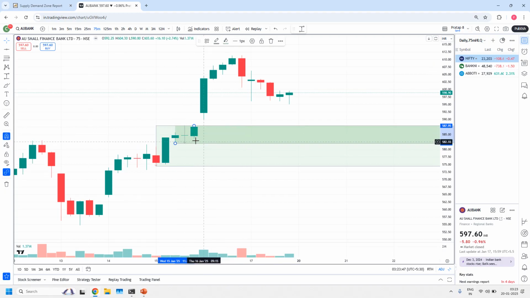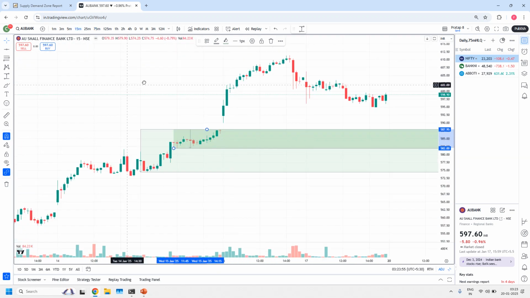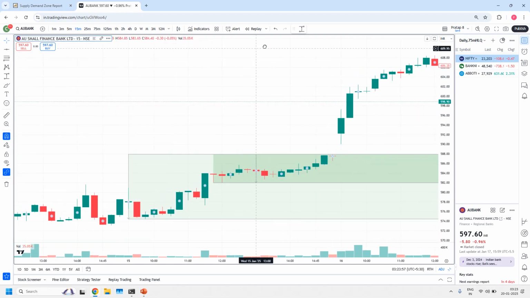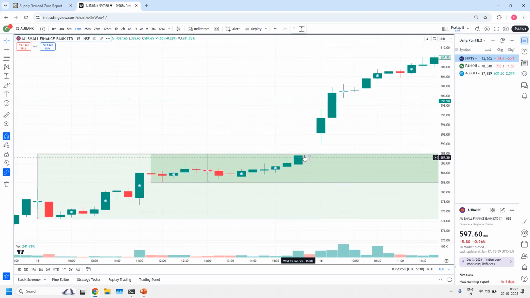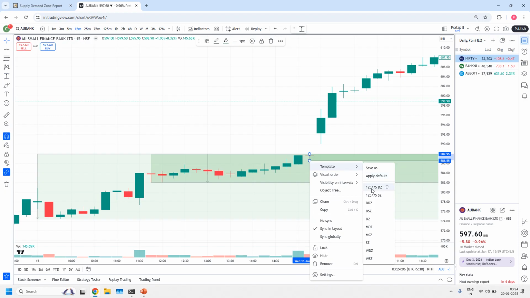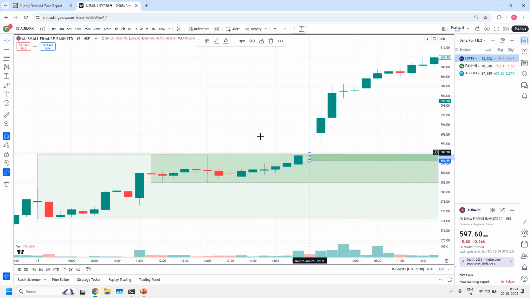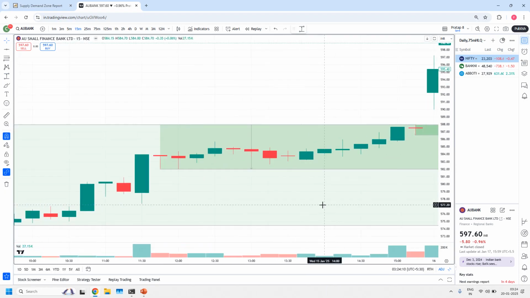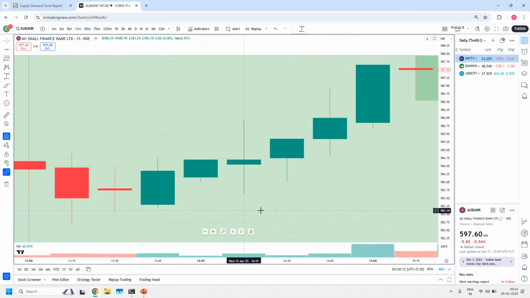Within this fine-tuned 75-minute demand zone, we should again look for a fine-tuned 15-minute demand zone. Is there any fine-tuned 15-minute zone? Yes. We have a rally, base and a rally with hidden body. So this is the fine-tuned 15-minute demand zone. If I hide the candle, you get clarity.